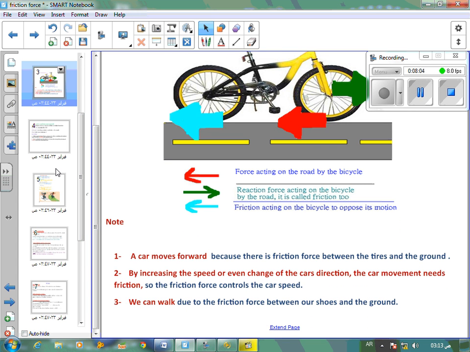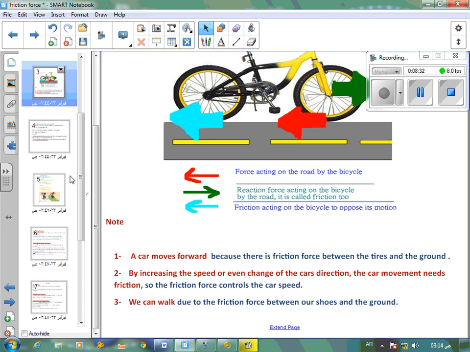Look at these notes. We can find that a car moves forward because there is friction force between the tires and the ground. And by increasing the speed or even changing the car's direction, the car movement needs friction. So the friction force controls the car speed.